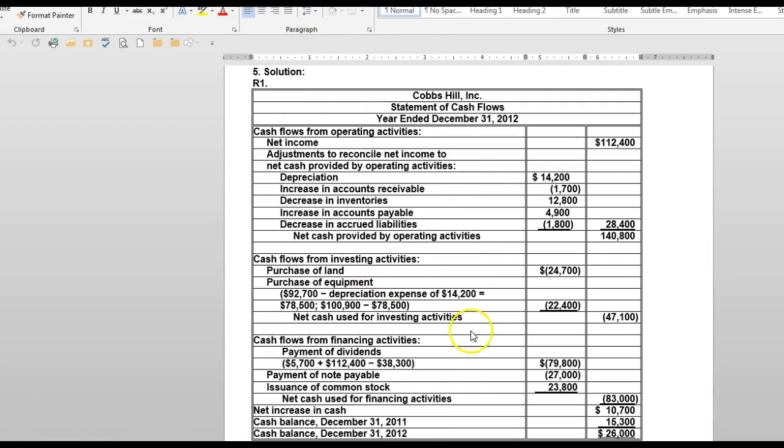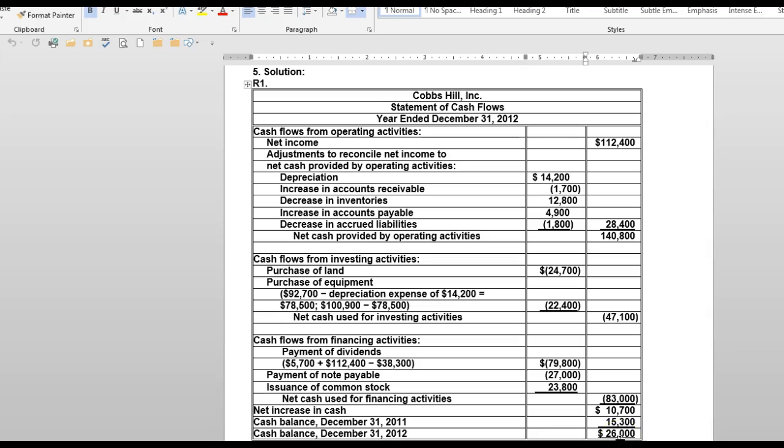So let's begin. So first of all, we are taking net income, and what we're doing is reconciling net income to show how much cash increased from December 2011 to December 2012.